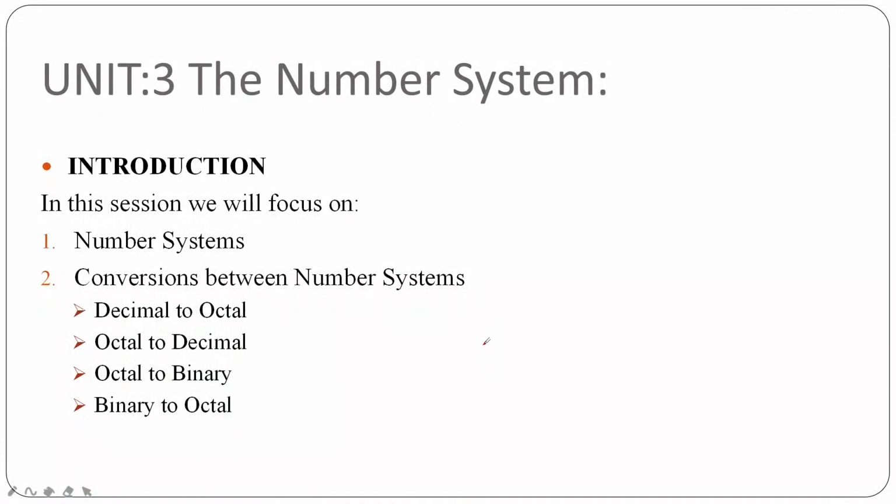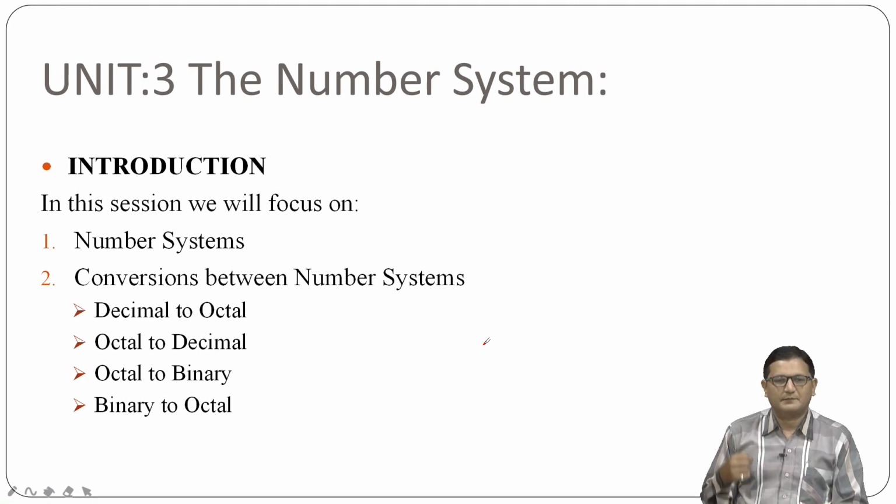That is because our machine is actually made by ICs. In that IC there are several small electronic components, and those components we can charge or discharge. If a particular capacitor or transistor is charged, then we can say the electron is present, and that will be represented as a 1.